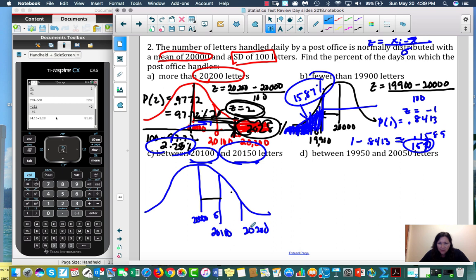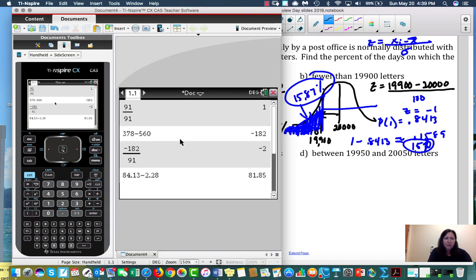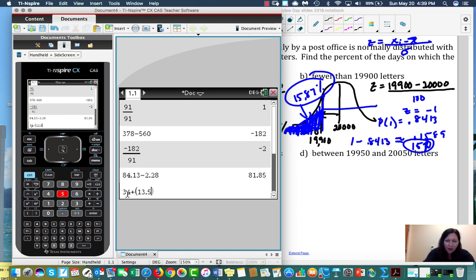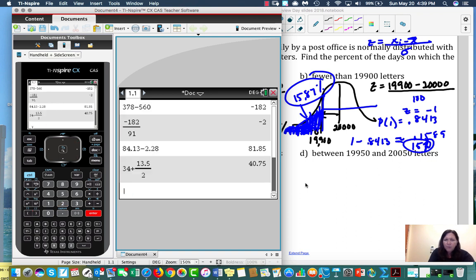Now, I get this. This is 1. And if you see, 150 is halfway in between here, right? So it's going to be 34% plus half of 13.5%. Okay, so we can add that up. Let's do that. 34 plus, parenthesis, 13.5 divided by 2, close the parenthesis, equals 40.75.